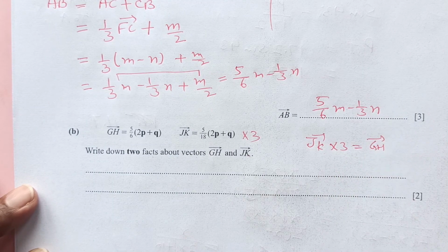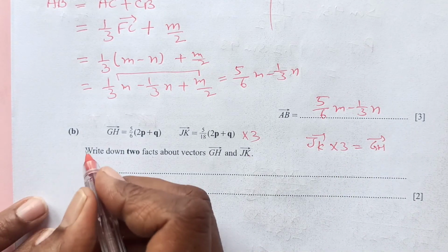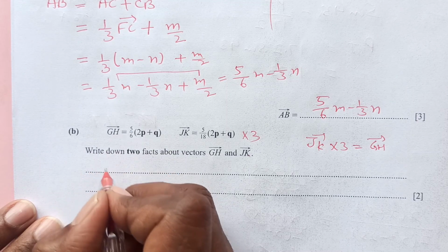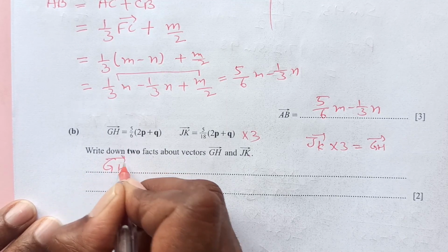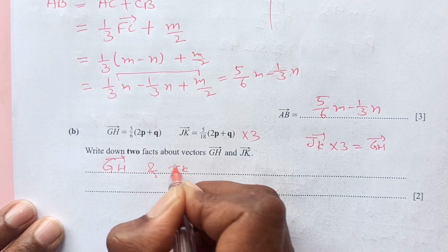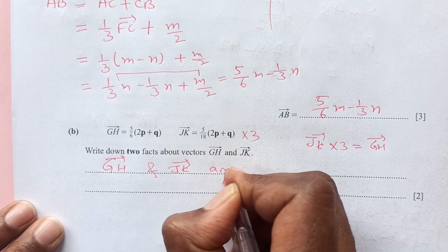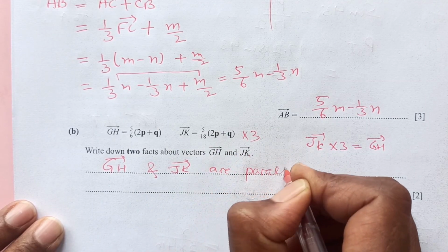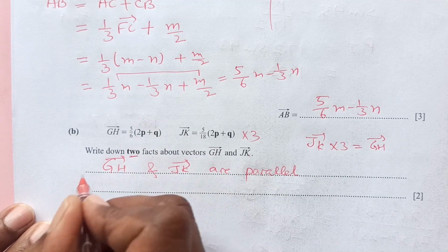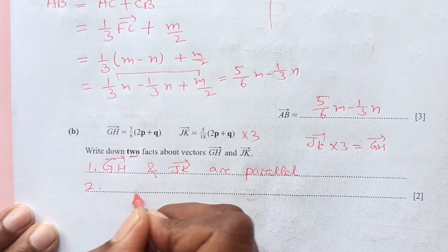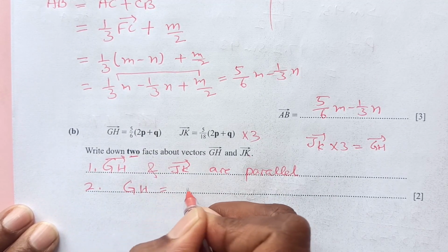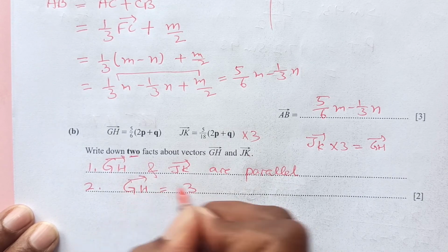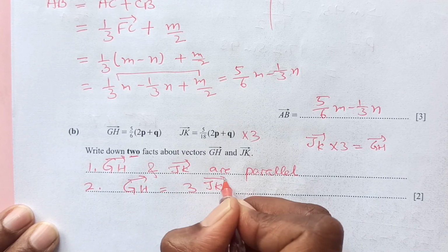So that means that is a scalar multiple. So if they are scalar multiples, one thing we have is that GH and JK are parallel. We need to write down 2 facts. One is this. The second one is GH is equal to 3 times JK.